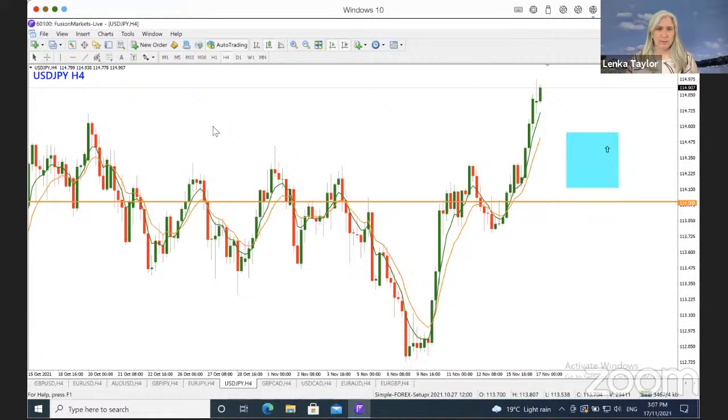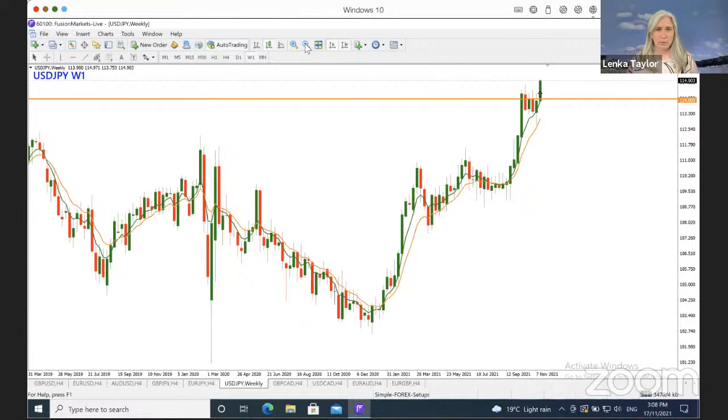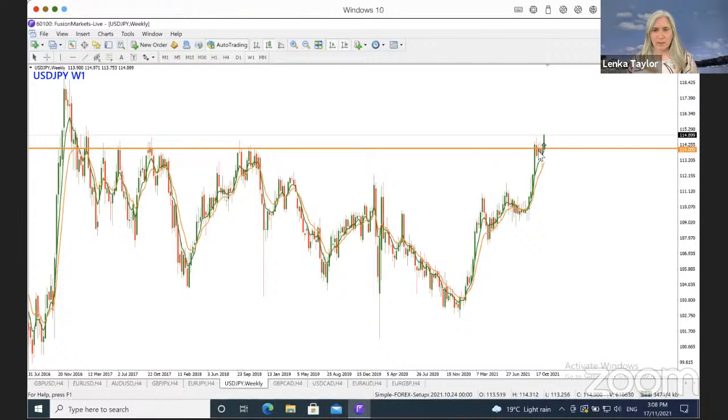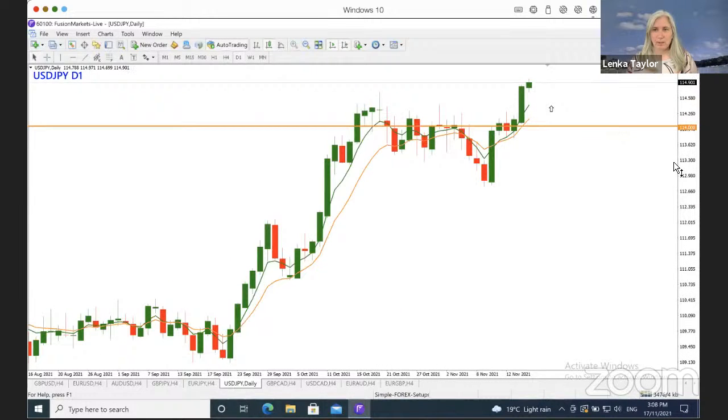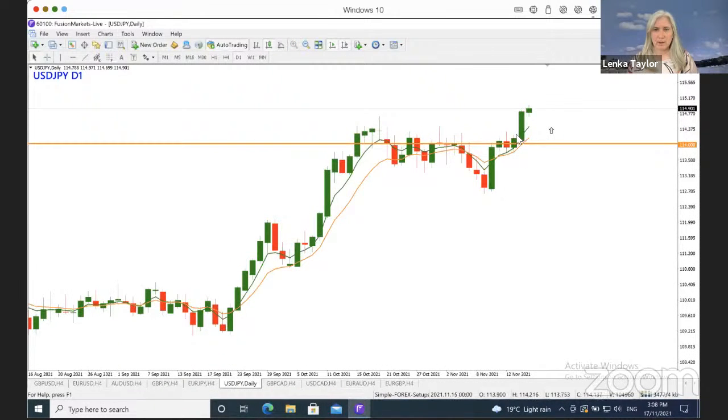USD JPY. Now, with this one, I was looking for a short opportunity when it reached around this area, was going sideways. Now that it's above, on the daily, we can see that we already had a couple of closes above that area.